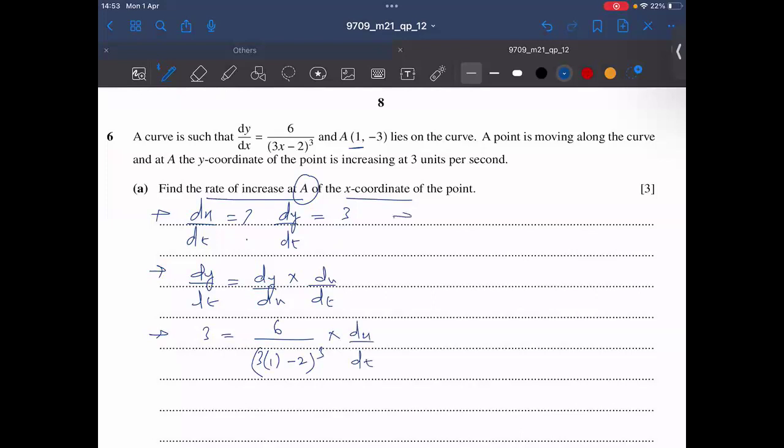Then we're going to have 3 equals 3 minus 2 is 1, cubed is 1, so 6 times dx over dt. So dx over dt is going to be equal to 0.5 units per second. Is it clear to both of you or not?